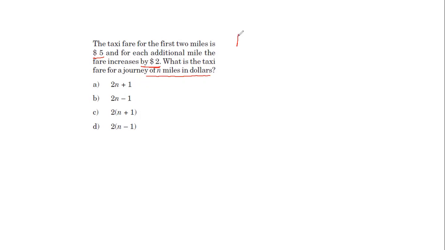So for the first 2 miles, the fare is straight $5. Then for every mile that I go forward, I have to pay him $2 each. Now the total journey is for n miles.